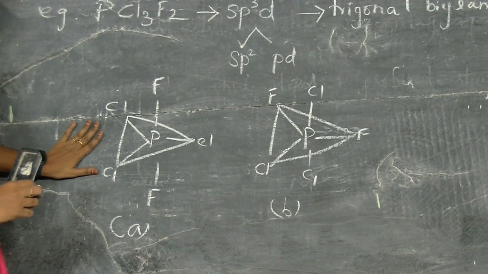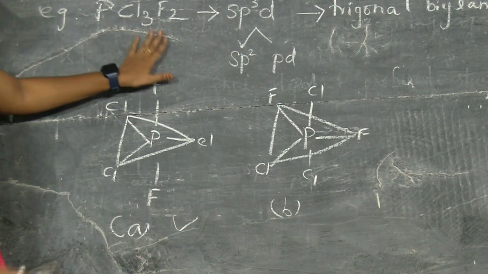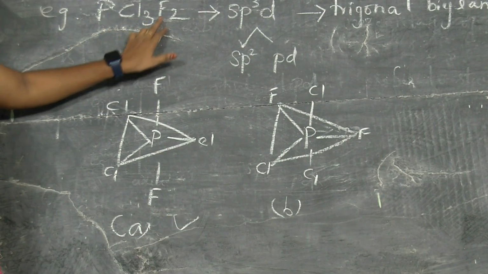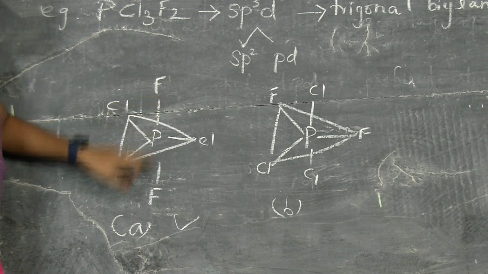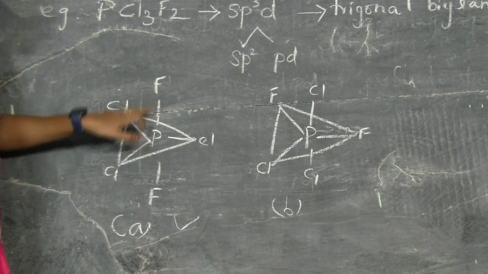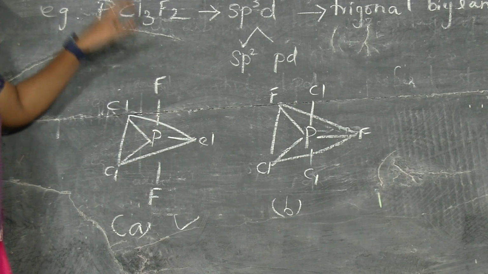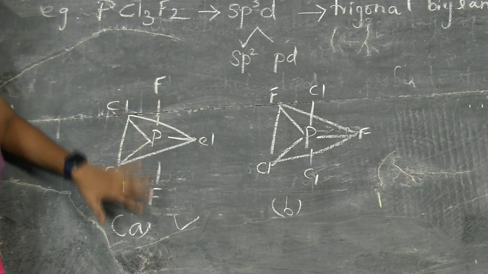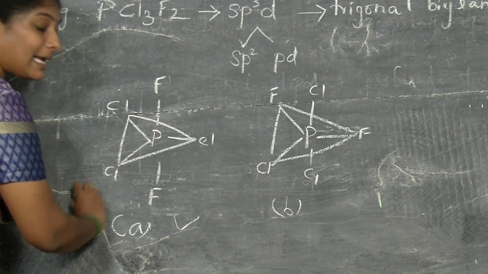Actually, this one is correct. It is because in this PCl3F2, as I have already told you, the fluorine atom is more electronegative. It always prefers to stay at the axial position. The axial bonds are already weaker, so if the more electronegative element is placed in the axial position, this molecule becomes stable.